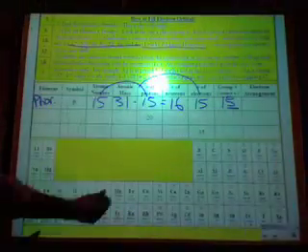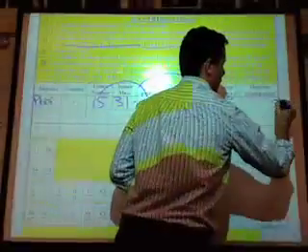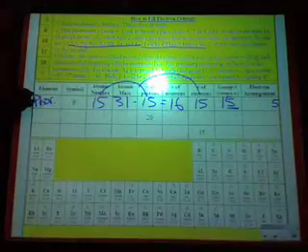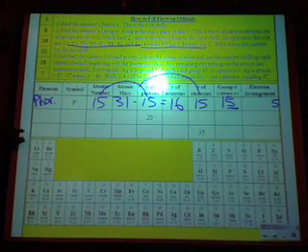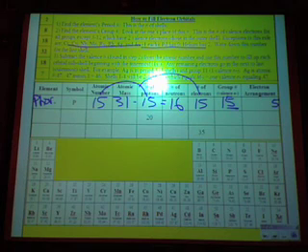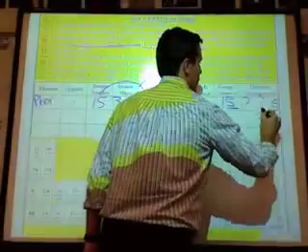So I already know this last number here is going to be a 5. Now, how many shells? What period is phosphorus in? Period 3. If it's in period 3, that means there's going to be 3 shells, 3 numbers there.